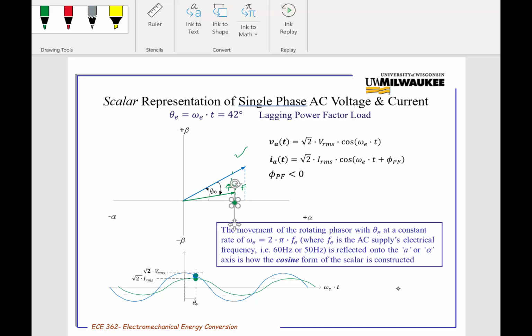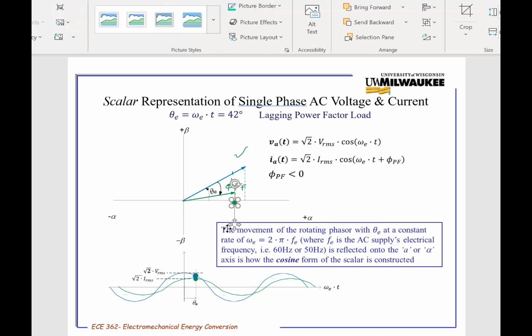So you could reflect the green phasor onto the alpha axis, and this green dot on the alpha axis is the same as the green dot that gets reflected onto this amplitude axis for the current, and the blue dot reflects onto the alpha axis at that point. And so you've got this phasor that's moving and it's rotating.